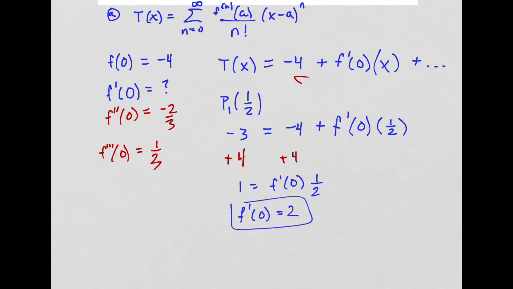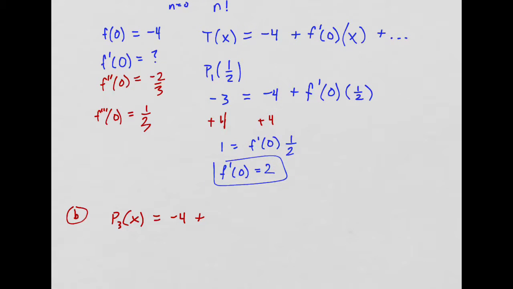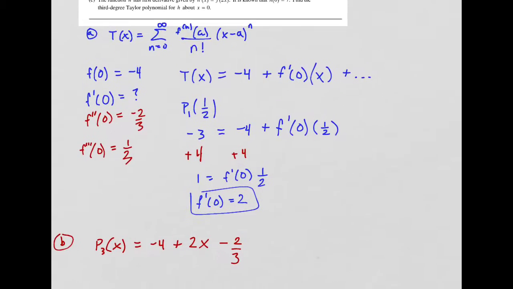So I'm going to continue this work. Instead of writing f prime of 0, I can now write 2, and then x, because that's that part. And then the next part is the next derivative, f double prime, so -2/3. That's that part of the formula, because I'm plugging in 0.